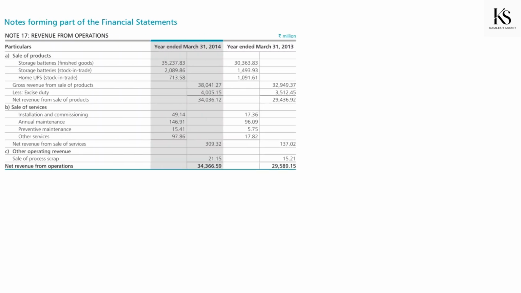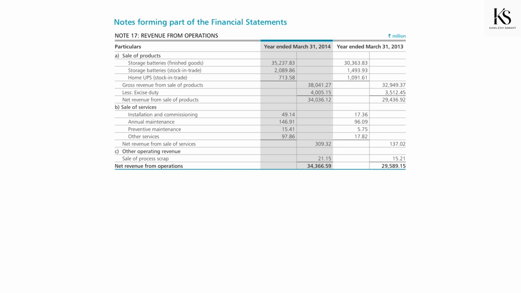Interesting. There is a note number 17 associated with net revenue from operations, which will help us inspect this aspect further. Do recall, in the previous video, we had discussed notes and schedules of the financial statement. The following snapshot gives the details of note 17.